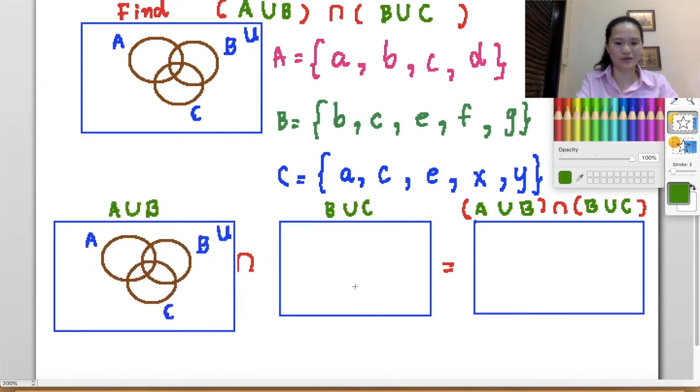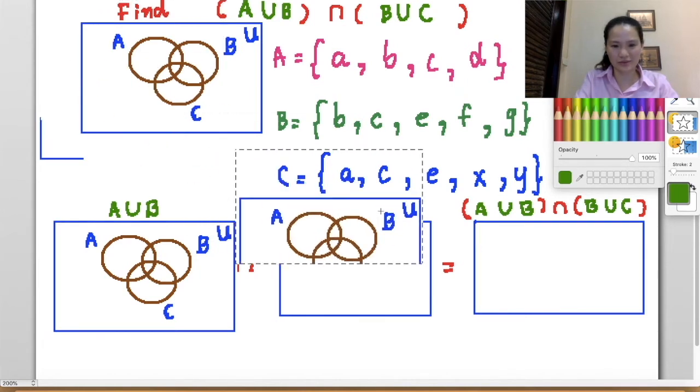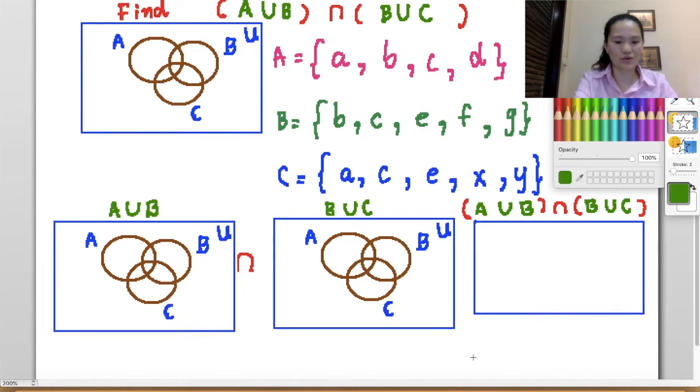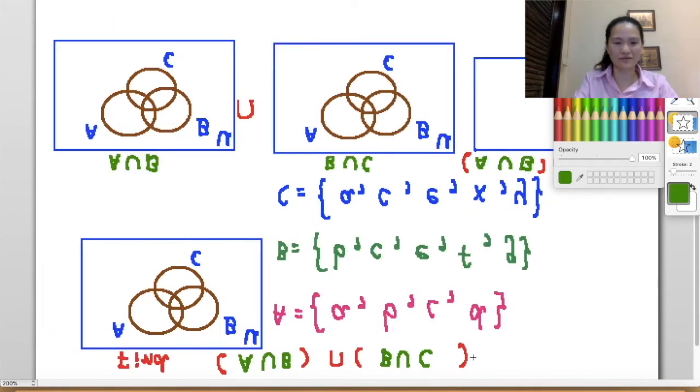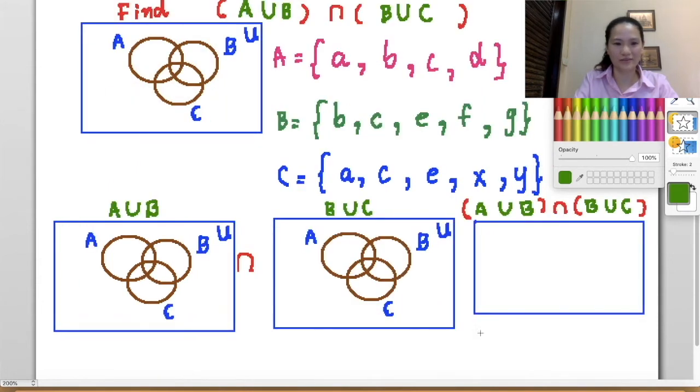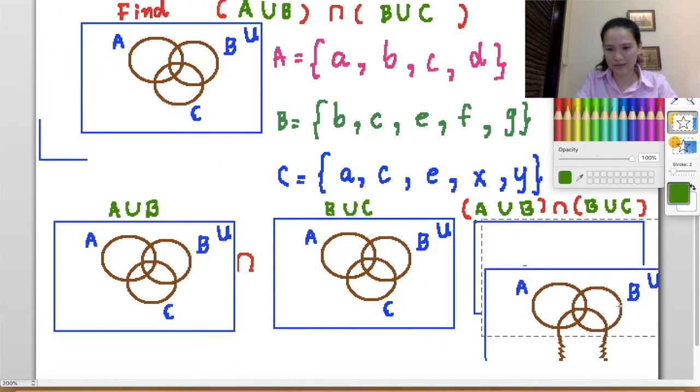Whoops! Another one, I put them here. Whoops, no, undo. I do the next one again. Command C, Command V, I put it here.